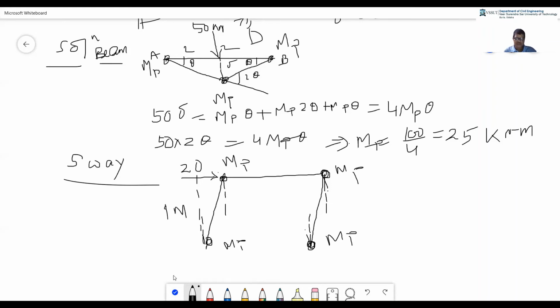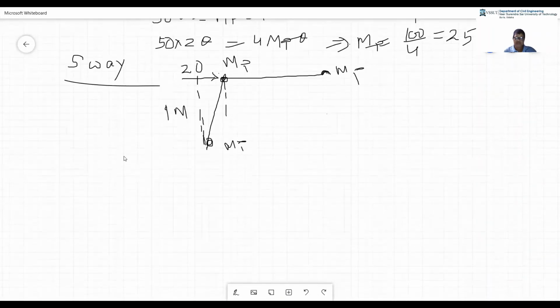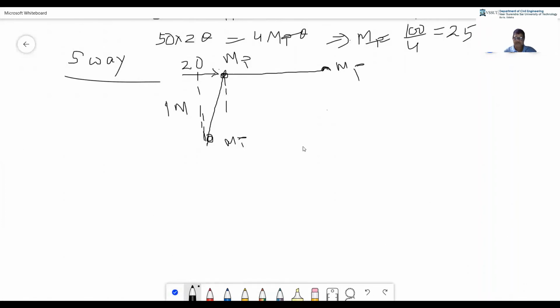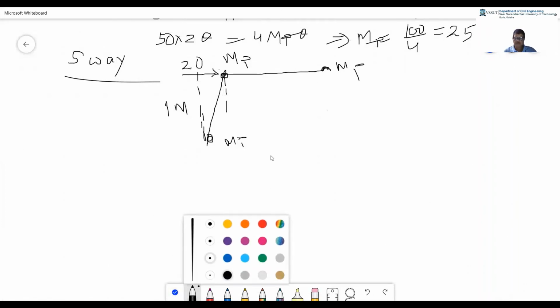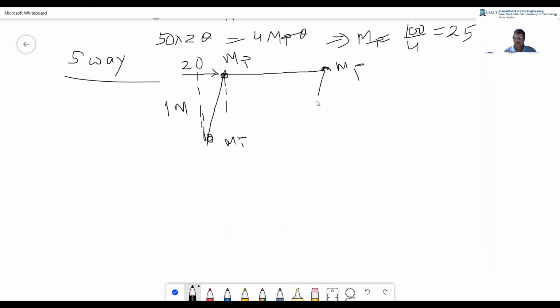Now the other height is 6 meter. They're different. So this is MP.